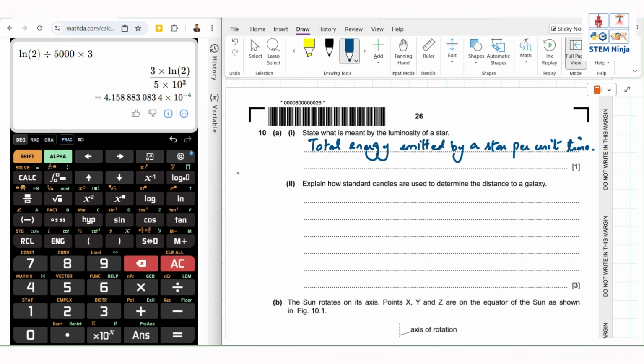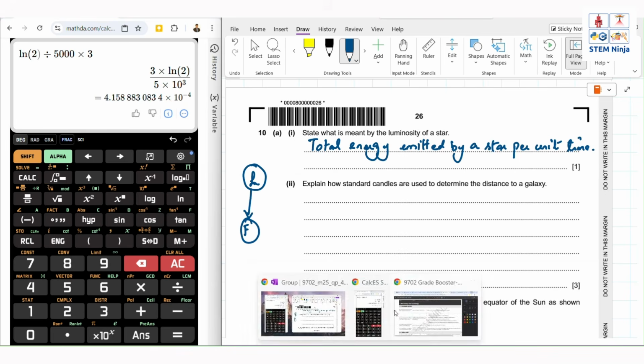So if we know the luminosity of a standard candle in a particular galaxy, we can approximate the distance to it using the known luminosity and the flux intensity coming to our Earth. On Earth, it's flux intensity. On the standard candle, it's luminosity. So whatever energy is reaching us, we use that to approximate the distance.